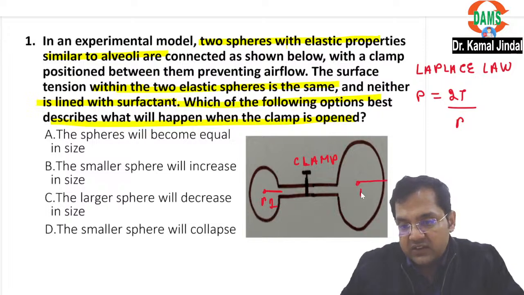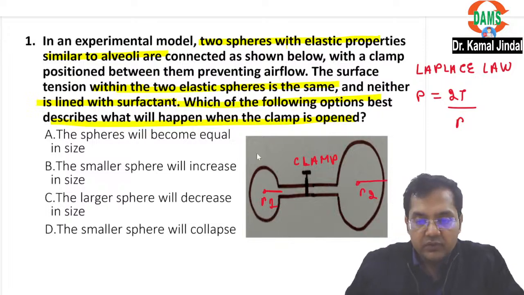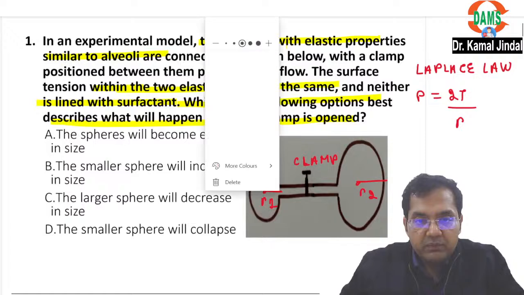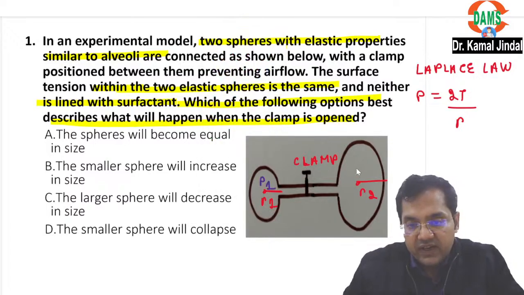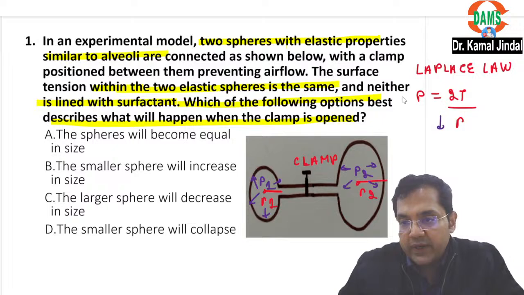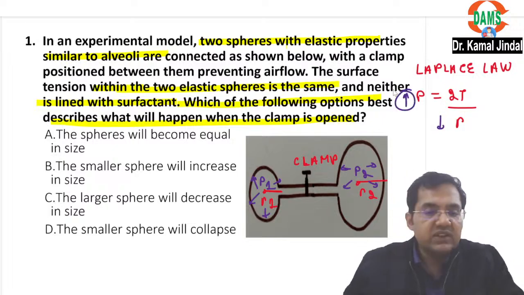This larger one has a radius R2, right? That means if I ask you a simple question, which sphere will require a larger distending pressure, P1 or P2? So remember, P2 will be less, but P1 will be more. Why? Because according to this one, if radius is less, then the distending pressure required is more.